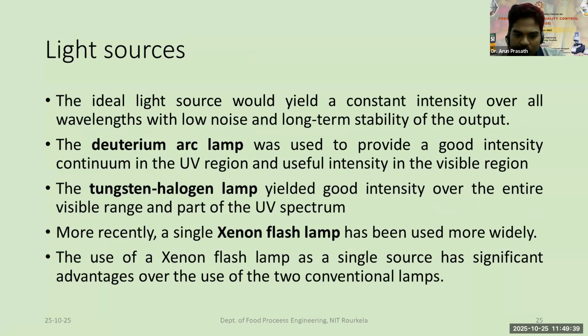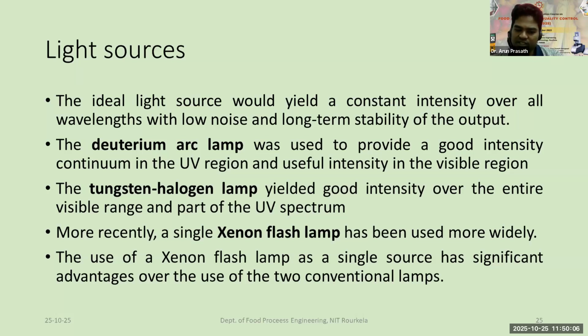Tungsten halogen bulb, xenon bulb, deuterium arc lamp. Deuterium arc lamps are widely used as they have good intensity within the UV region. And we have the tungsten halogen bulb, which has good intensity over the entire visible and UV spectrum region.